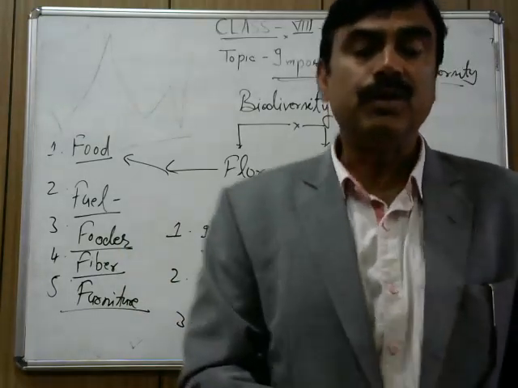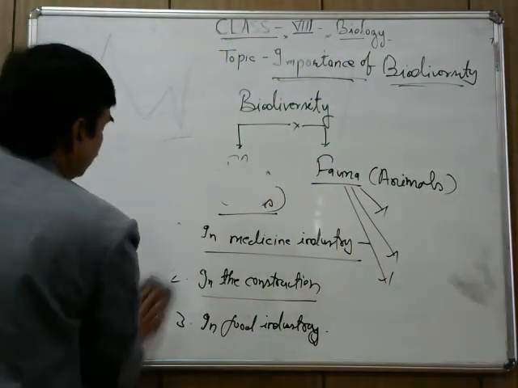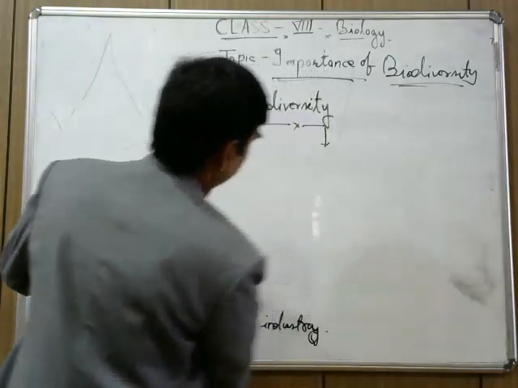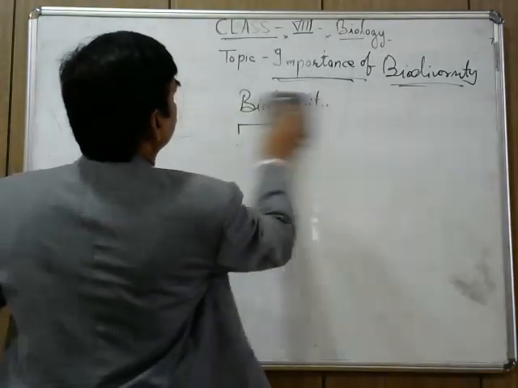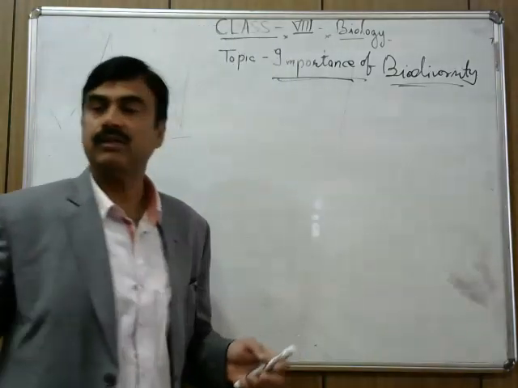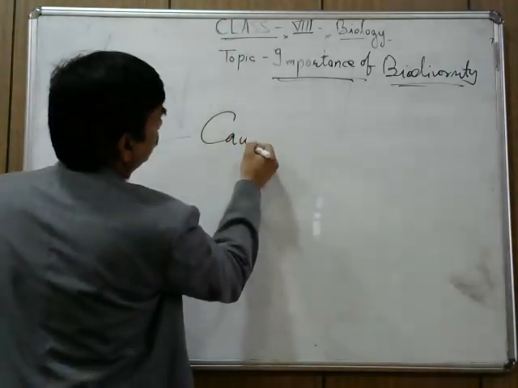Okay. So moving to the next topic, the conservation of plants and animals. The causes of loss of biodiversity. What are the causes of loss of biodiversity?